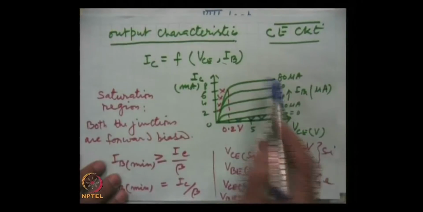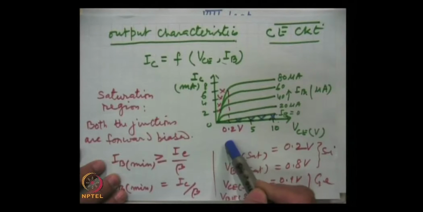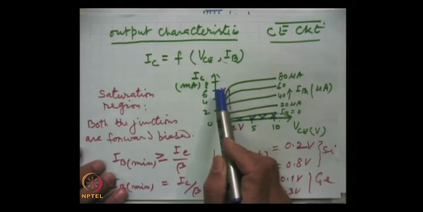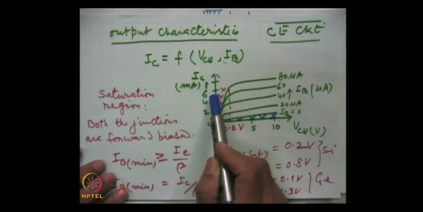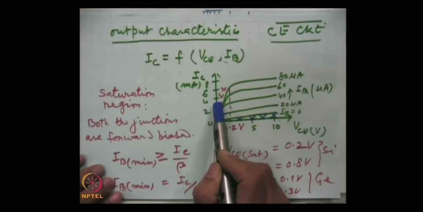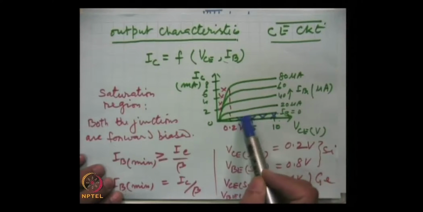We said earlier that these characteristics can be divided into three parts. We discussed the saturation region, in which both junctions, the emitter junction as well as the collector junction, are forward biased, and this is the cutoff region.